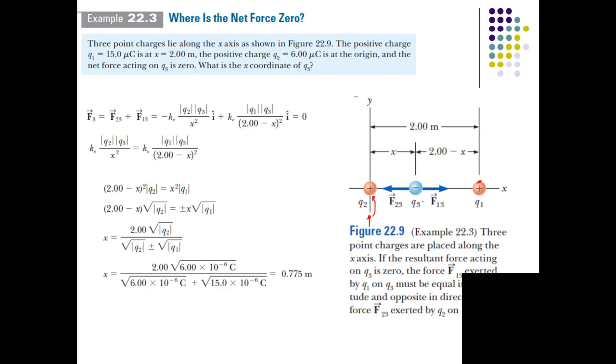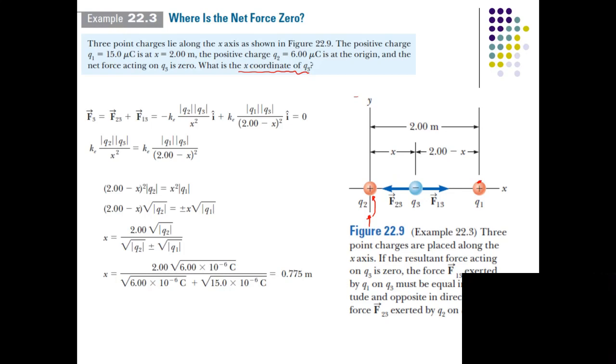So there is a negative charge, Q3, located somewhere in between, not exactly in the middle, but the question tells us that the net force affecting it is equal to 0. So the question asks, what's the x coordinate of Q3? Simply, at what position should we put Q3 so that the total force affecting it is equal to 0?